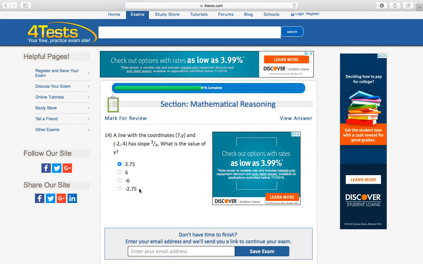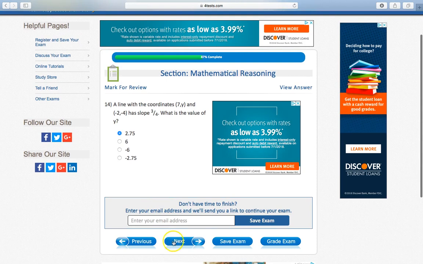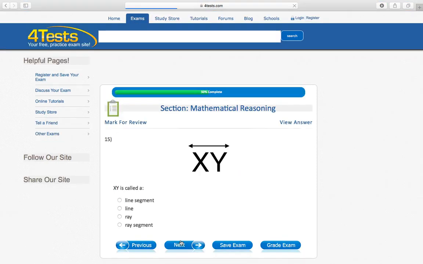For example, with negative 2.75, negative 4 minus negative 2.75 is negative 4 plus 2.75, which gives us negative 1.25, divided by negative 9, which is not anywhere close to 3/4. The 6 and negative 6 you'll find don't work out either. So that's how we do that one.